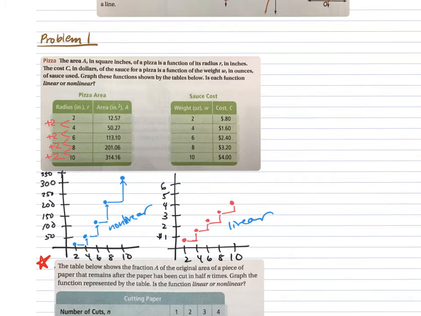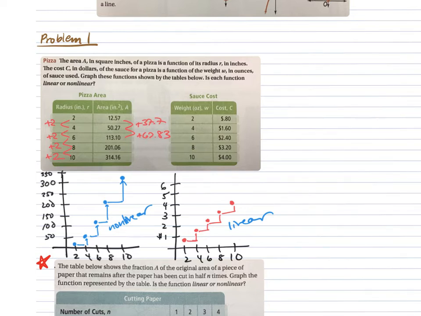You can take your 50.27 and subtract the 12.57. And see, right, this is going up 37.7. Then if you do 113 minus 50.27, this is going up 62.83. So since these are not constant, this is going to be nonlinear.